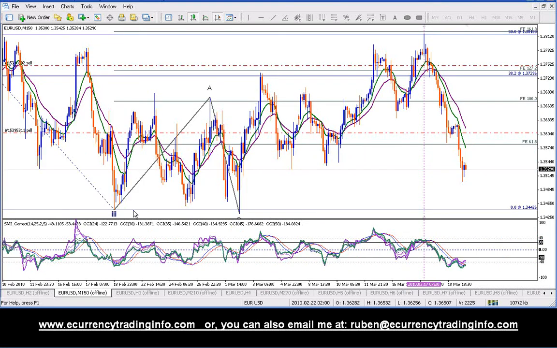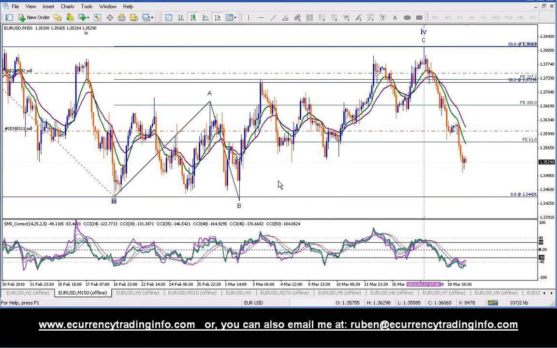I am not sure if this is the right count, if this is really an A, a B, and a C, which make a 4. It could have many other counts. This could be a complex correction. This could be a diagonal of some kind. It might have even started here.